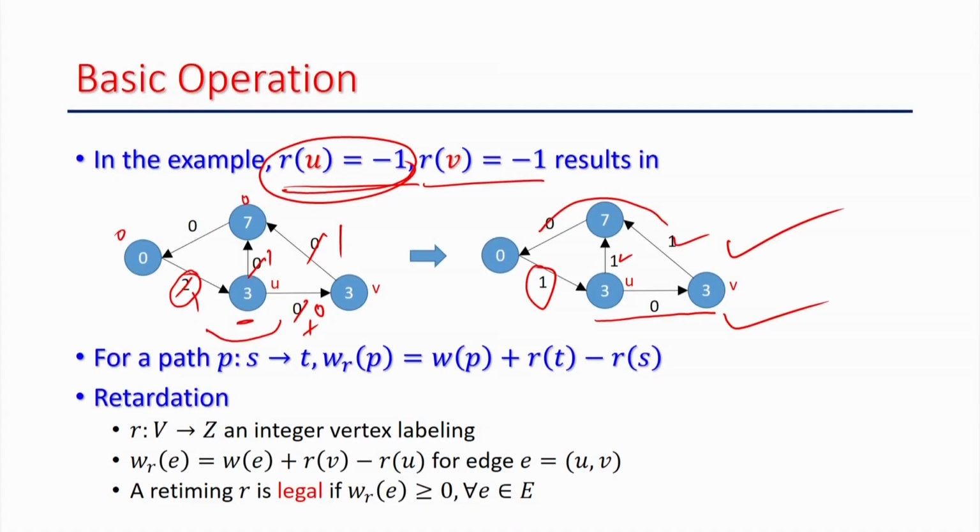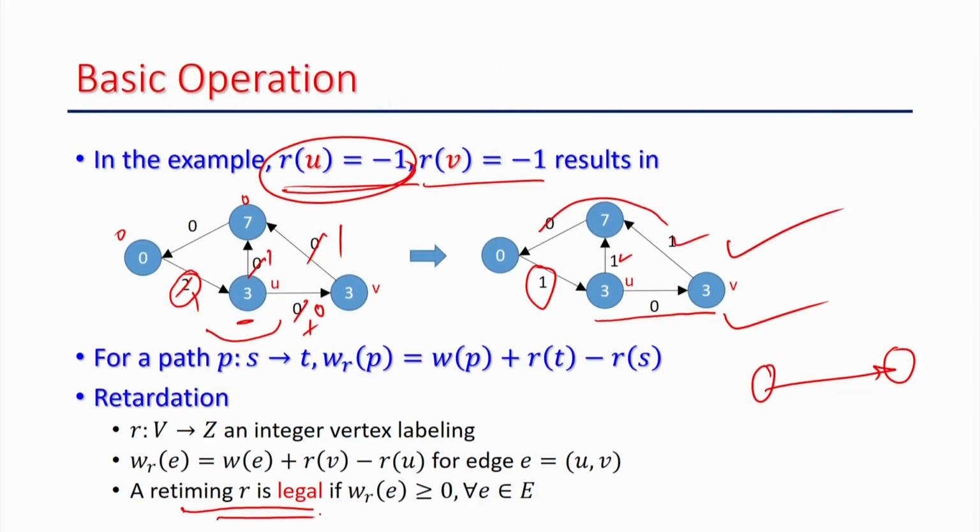The first constraint is that if you have a path here, the weight of that path after retiming cannot be negative, right. You cannot have a negative weight, because your register count cannot be negative, maximum it can be 0, it cannot be -1 or -2, right. So, the first thing is that if a retiming is legal, W r is given by the weight of the register after retiming.